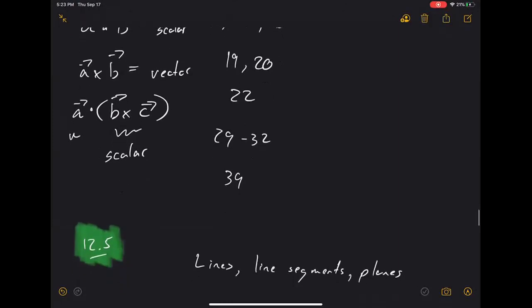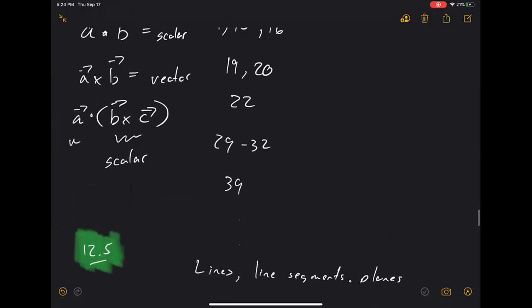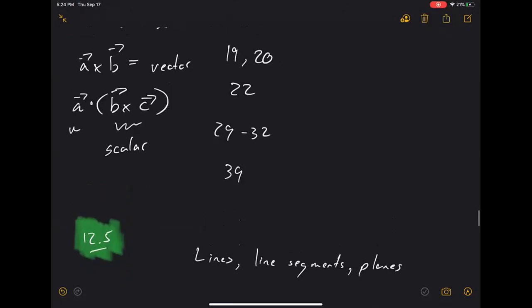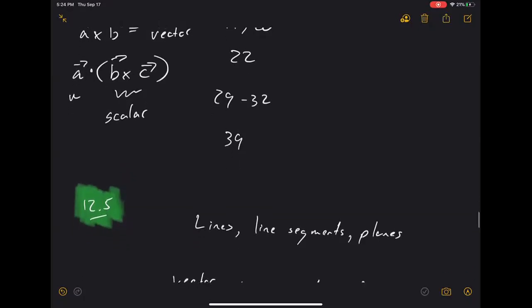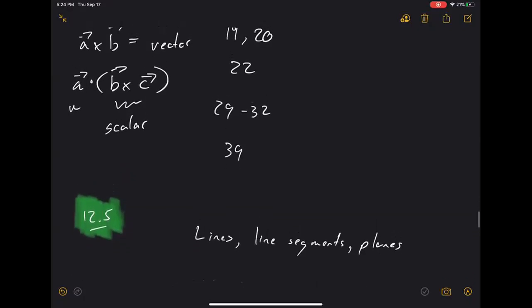19 through 20. And again, these are not the only problems to practice, but these would be a good start. 22 is kind of a concept thing. So 22 is interesting.